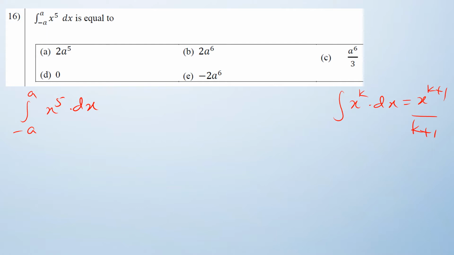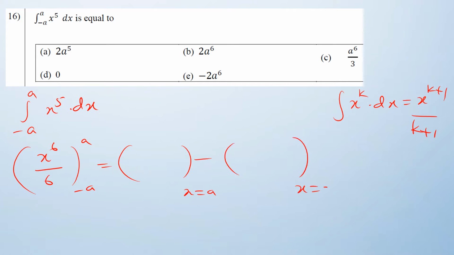Then we have x to the power 6 over 6 from minus a to plus a. So we substitute x equals a, and subtract the value when x equals minus a. When x equals a, we have a to the power 6 over 6.